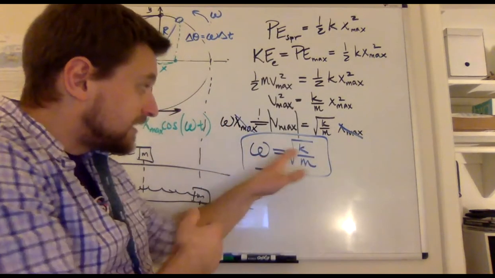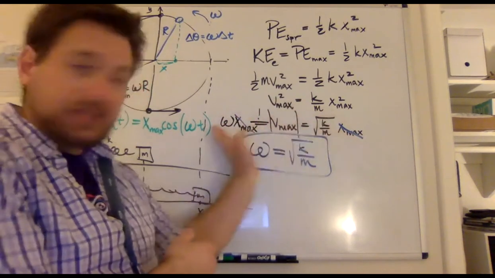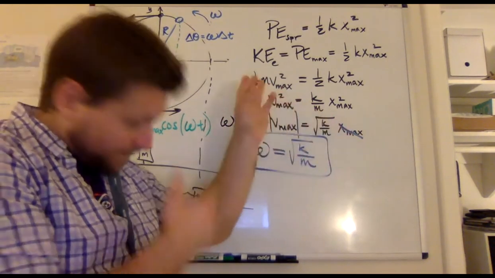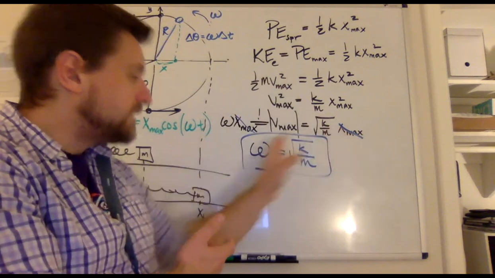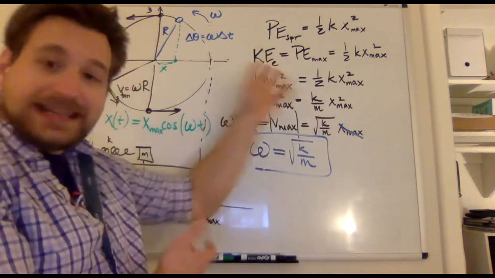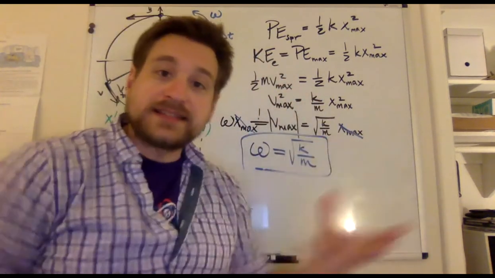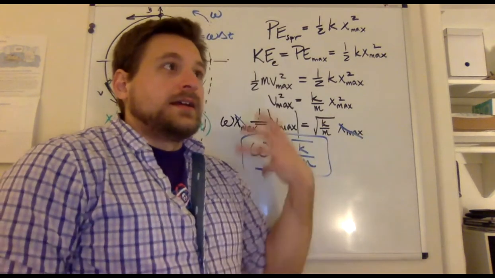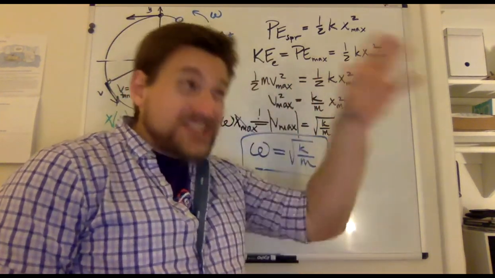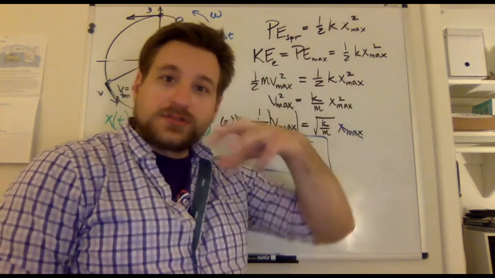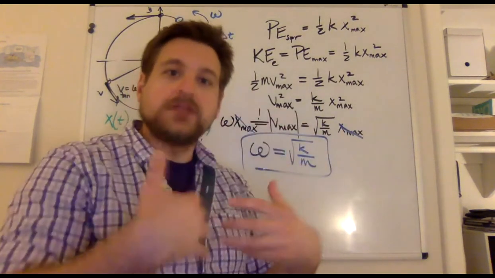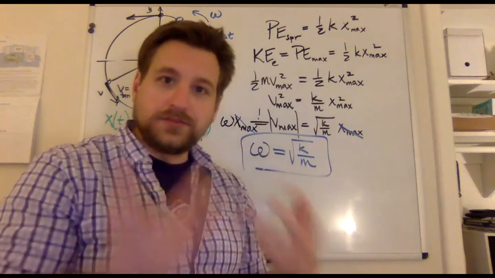If we don't have omega equal to that, then we can't equal these two sides. Since they got to be equal, we insist that this is true so that energy is conserved. That's how we get an imaginary circular motion to align with real physical motion.